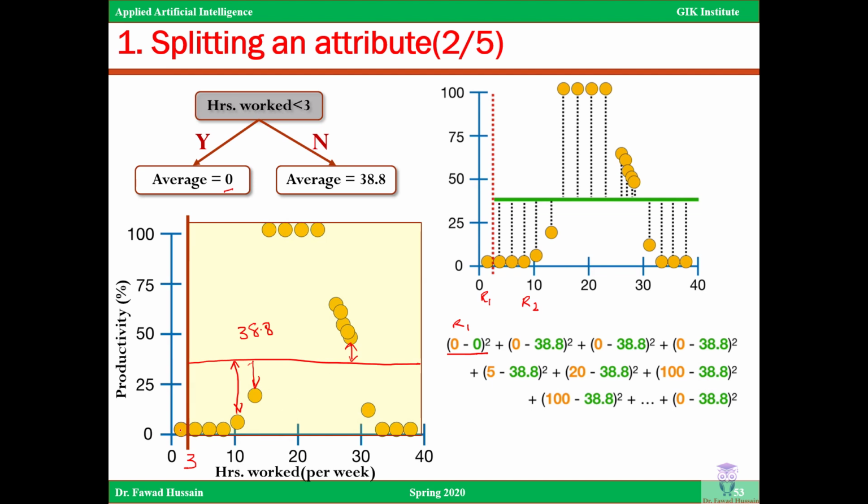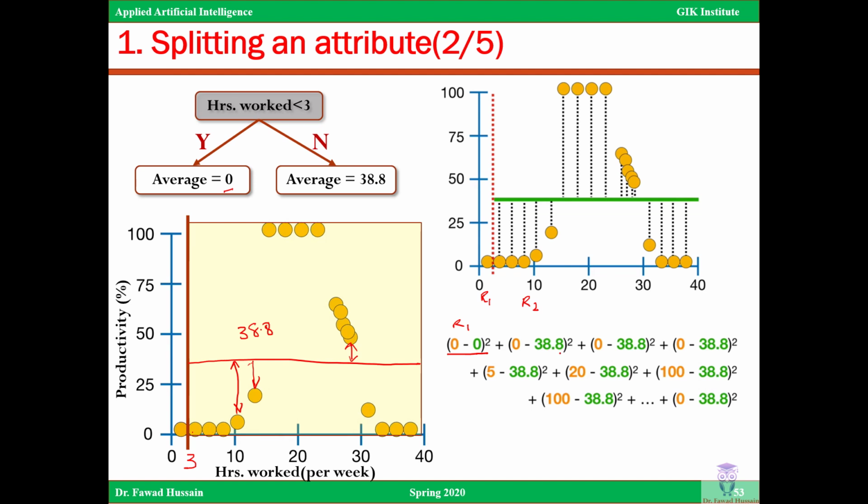The value here is 0 and the average here is also 0. So 0 minus 0 squared. These belong to the second region. The second data point is also 0, but in this case the average is, as shown, 38.8.